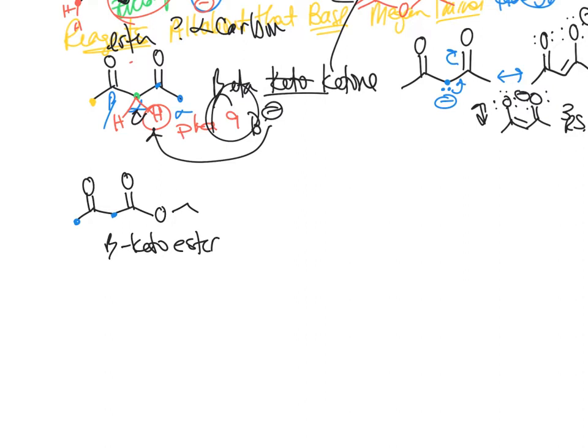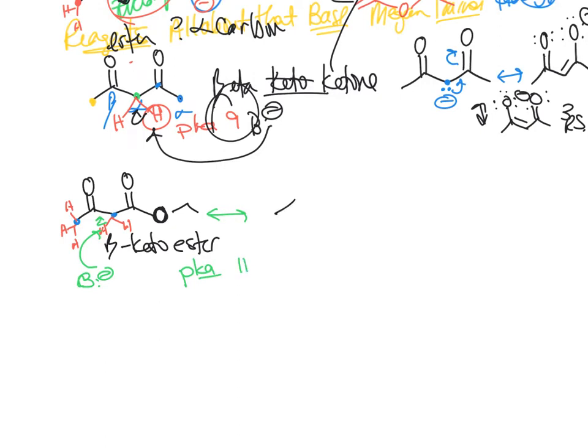This is not an alpha carbon, folks. That's an oxygen. Okay, so we have hydrogens here, and we have hydrogens here. Which one's the most acidic? It would be this one here, this alpha, and the pKa of that is 11.